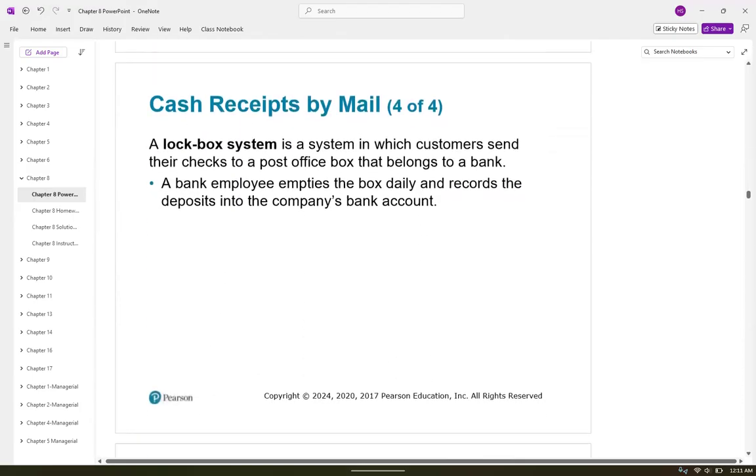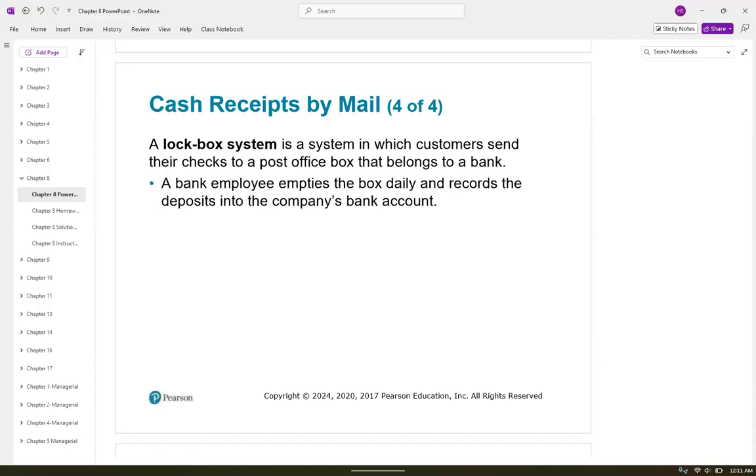A lockbox system. This is where a bank employee is going to empty this box every day. So instead of you sending your check to whatever business you owe, that check is actually going to go to a bank, and then that bank will actually deposit the check into the business's account.